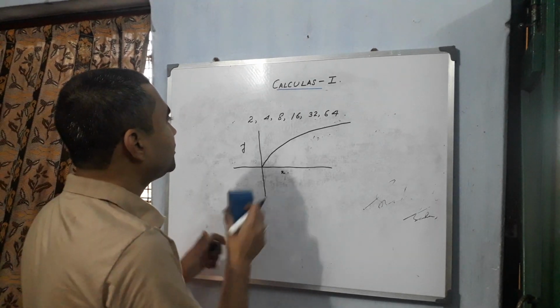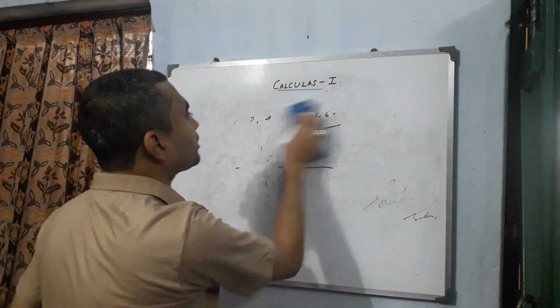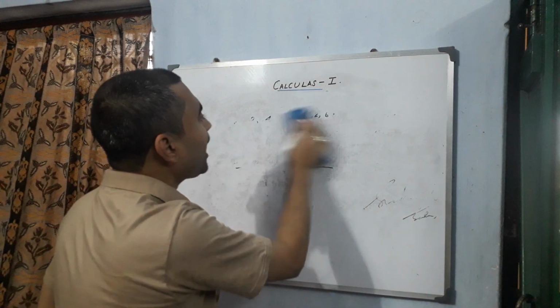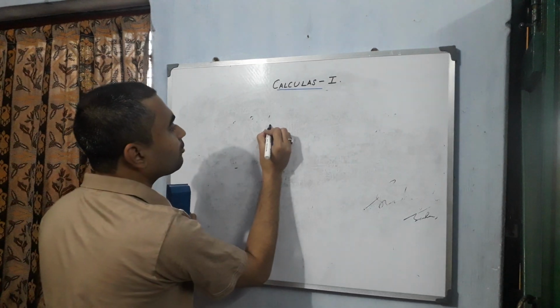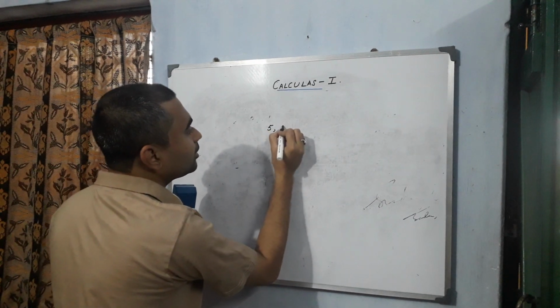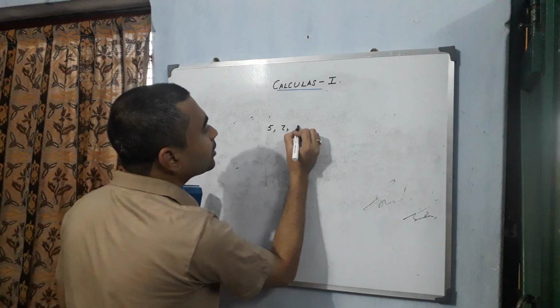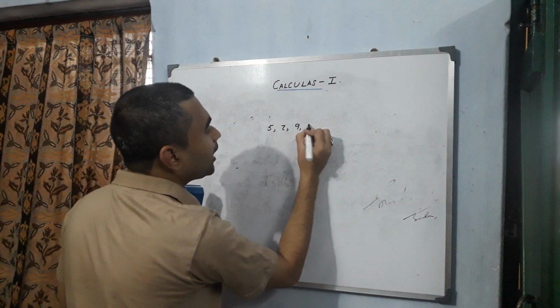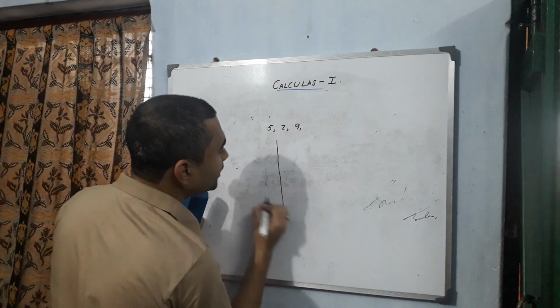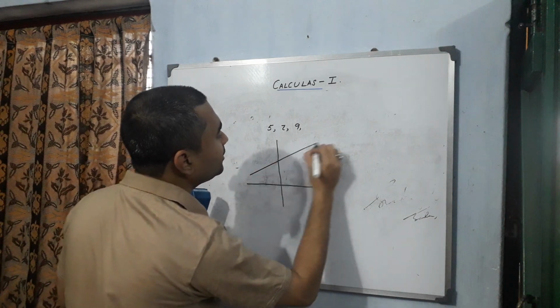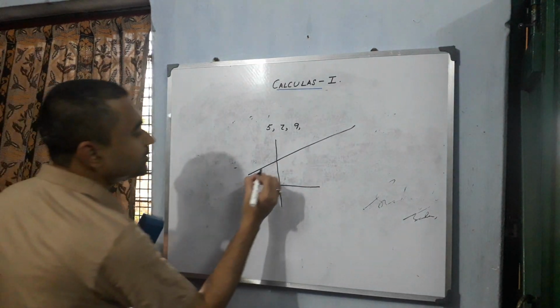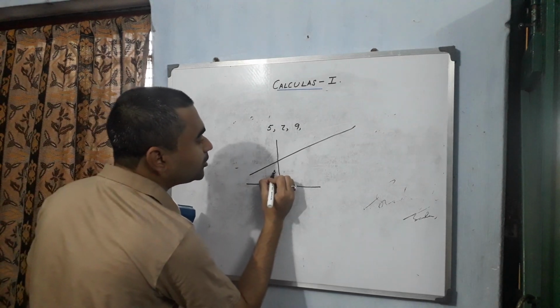In case we have a series which starts like 5, 7, 9 and so on, this is an AP series that has a curve like this, with intercept 5.